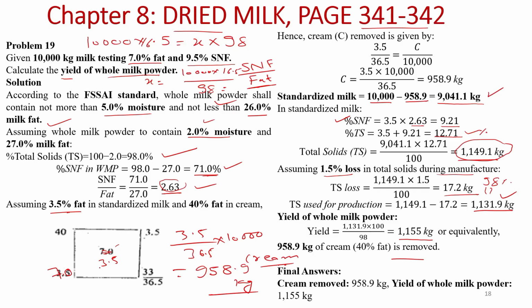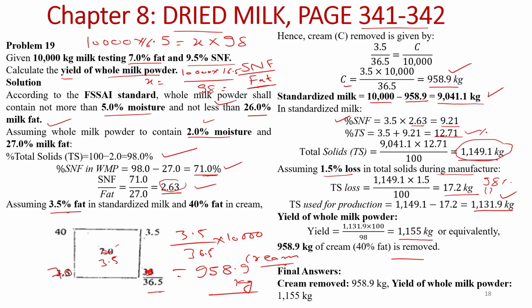So 7 minus 3.5 is 3.5, and 40 minus 3.5 is 36.5. So the ratio 3.5 to 36.5 equals C by 10,000, that is, the cream removed is 958.9 kg. There is a small mistake here in the Pearson square in the book, so here we can correct it.